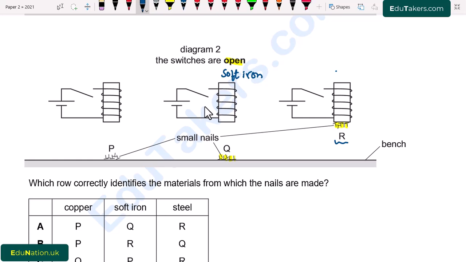So this is basically steel because it's a hard magnetic material. It can stay magnetized even when the switch is open, and once magnetized it retains its alignment. So Q nails are soft iron and R is steel. The other one, P, is copper.